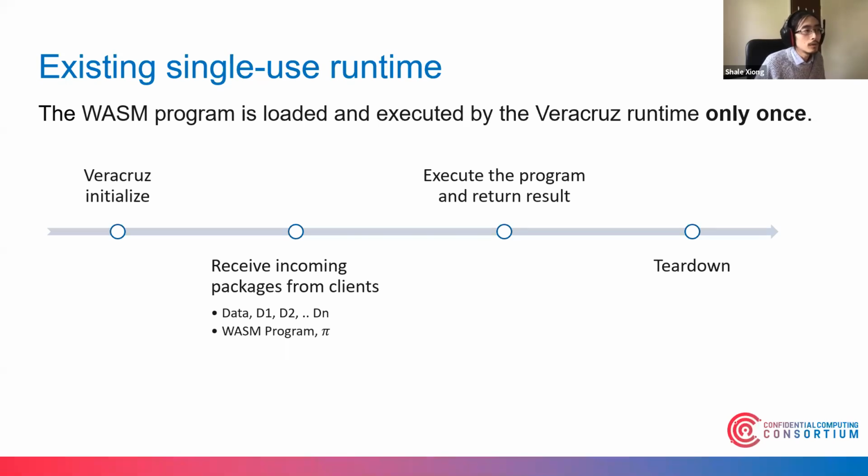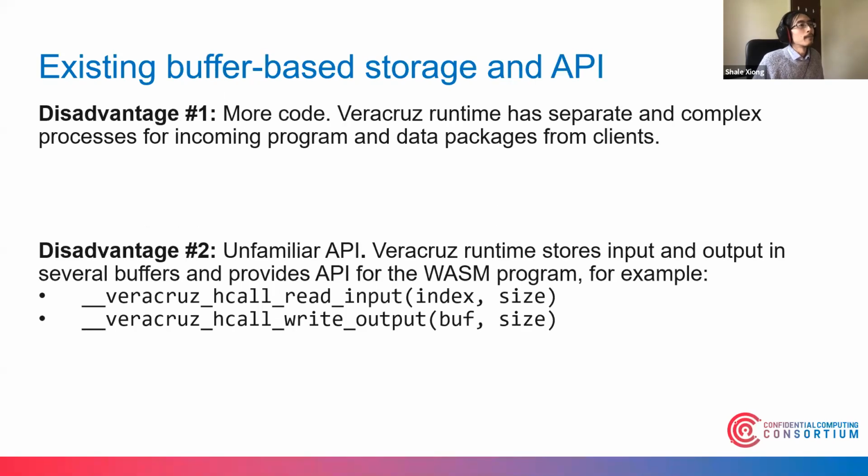Originally, we made this choice with the mind that a tight state machine can provide stronger security guarantees. In fact, we have a strict state machine to control those different steps. Together with the runtime, we designed a buffer-based storage system.